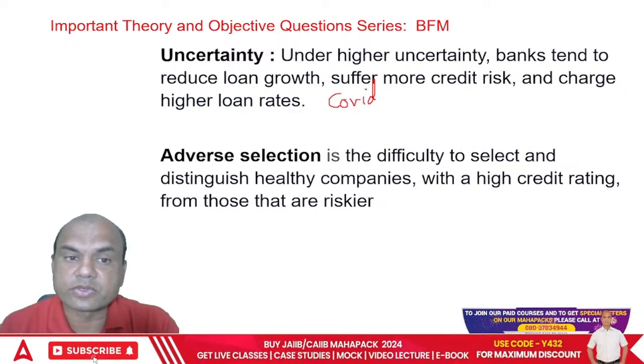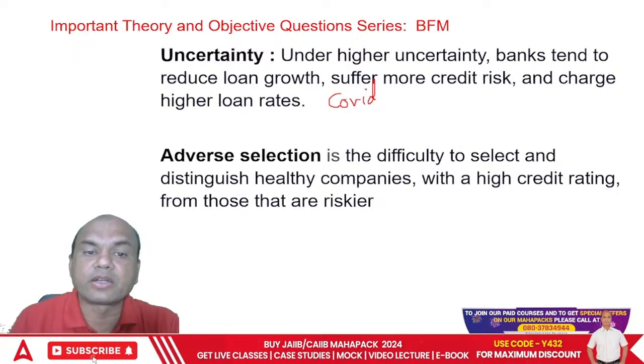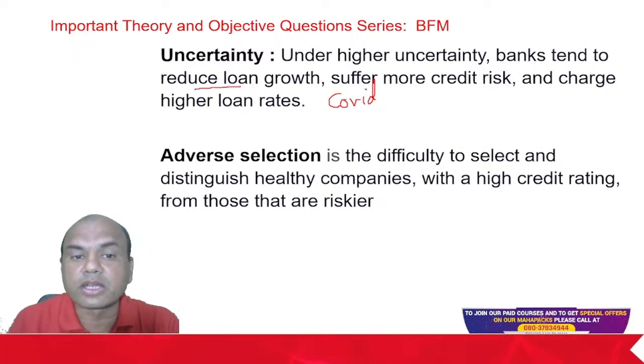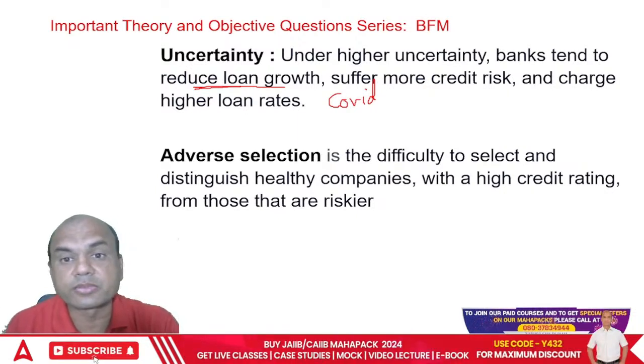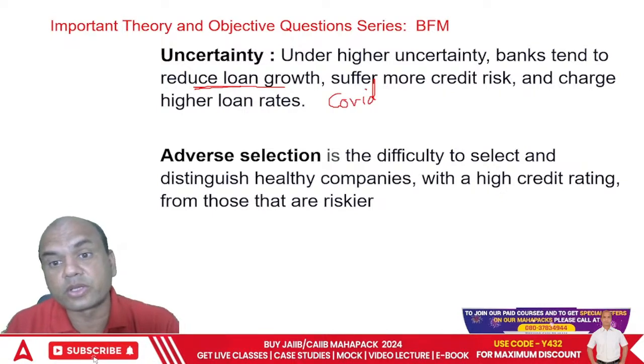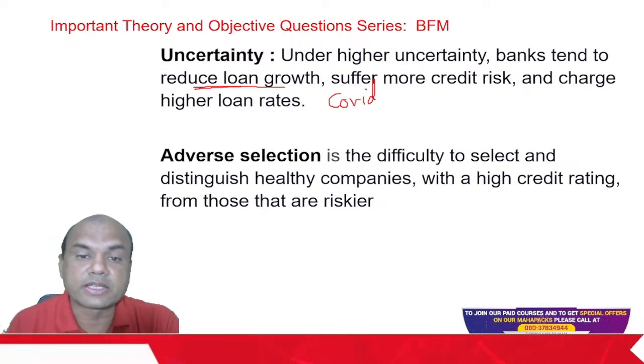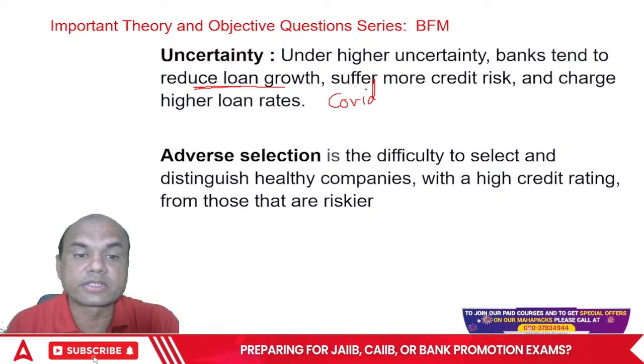So under such situations, what happens? Banks tend to reduce their loan growth. They tend to reduce their loans, right? Suffer more credit risk, because there was huge NPAs during that COVID situation, and charge higher loan interest. So banks were charging higher, that is called as risk premium.